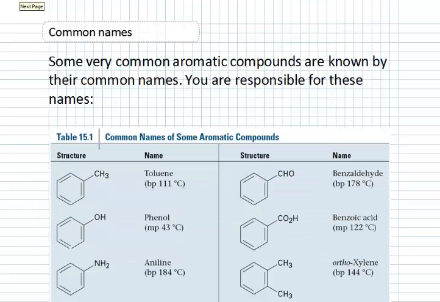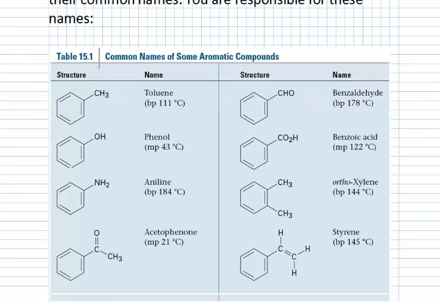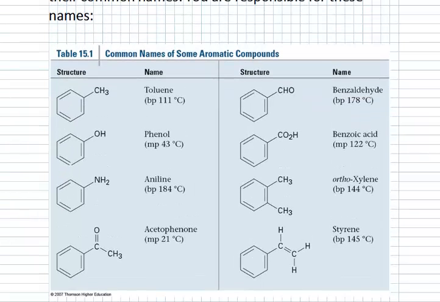Now, since I said aromatic compounds have so much history to them, there are compounds that are known by their common names, so much more widely used than any kind of IUPAC names. So it is actually acceptable within IUPAC to call this subset of compounds by their common names. So benzene with a methyl group is toluene.